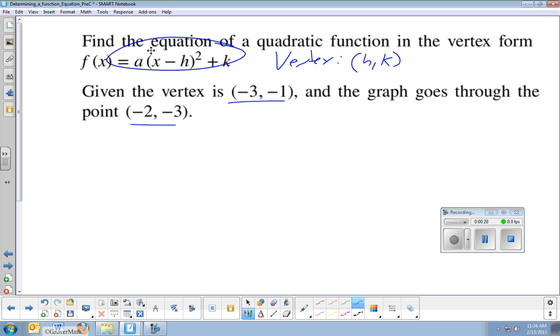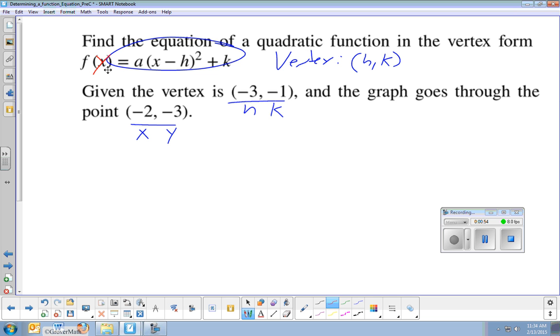We're trying to get a y equals something, something, something. So you know that since this is the vertex, this is your h and k values. And this other point here, it's not a vertex, but it's a point the equation goes through, and we know that every coordinate is made up of an x and a y. One thing you have to remember also is that f of x is the same thing as y equals.